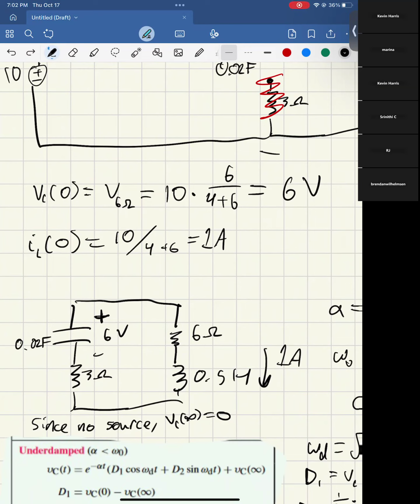I see IC of 0 equals negative... hmm, is that right? Sorry, now let me charge my Apple Pencil while I am contemplating this.